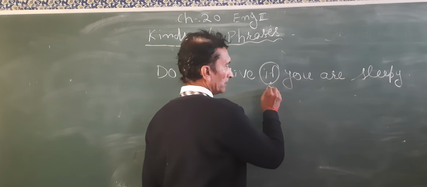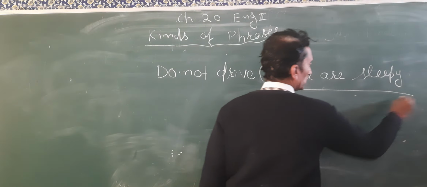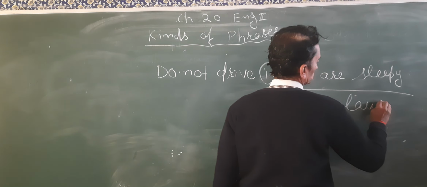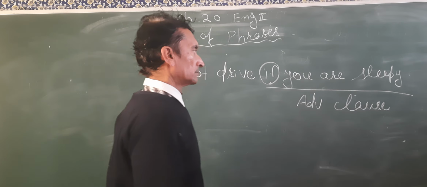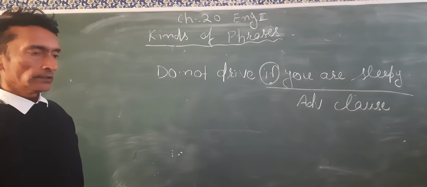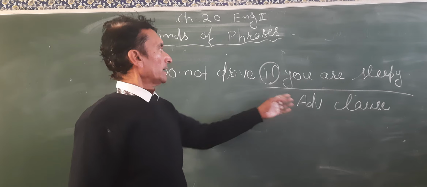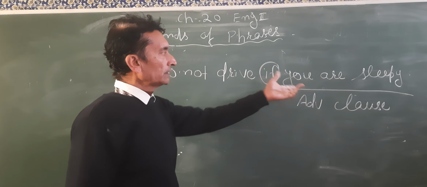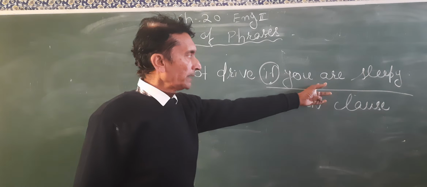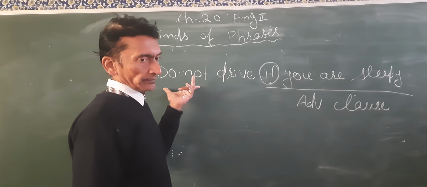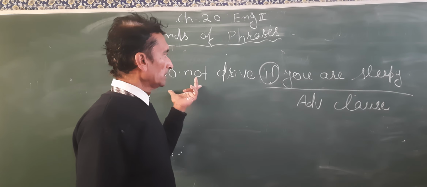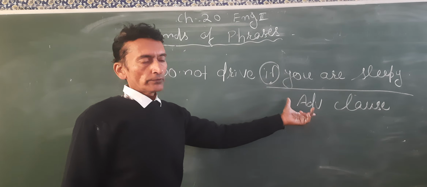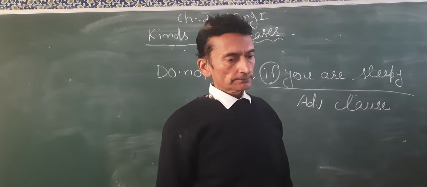So our adverb clause is from here to here. This is the adverb clause. And do not drive is the main clause, the independent clause. This is the dependent clause; it depends on the main clause. Students, are you getting me? And what is this clause showing? It is showing condition. Next example.